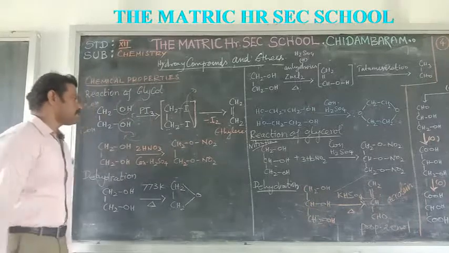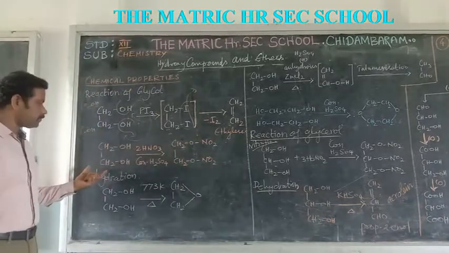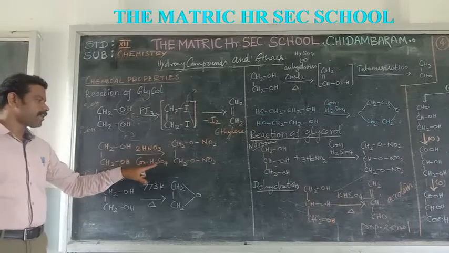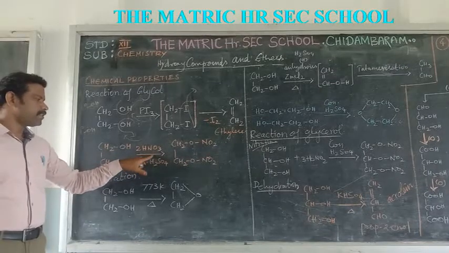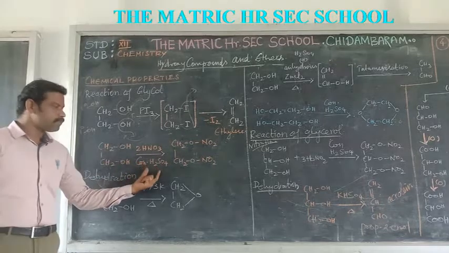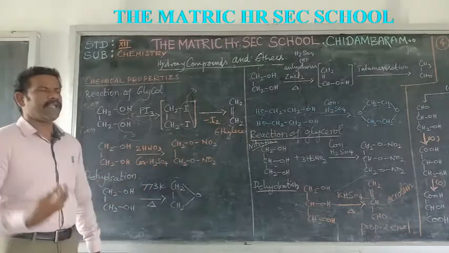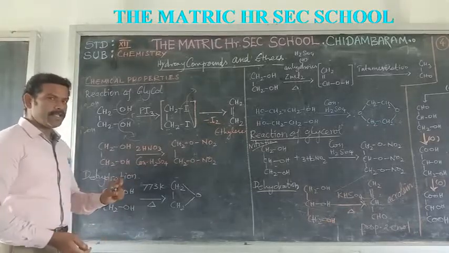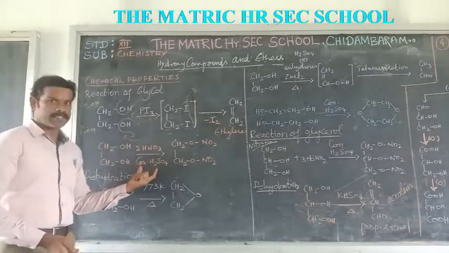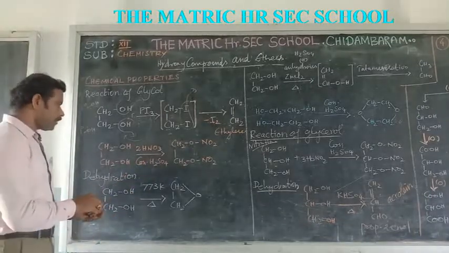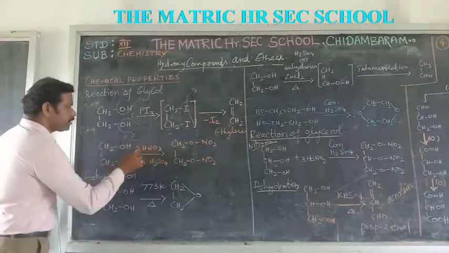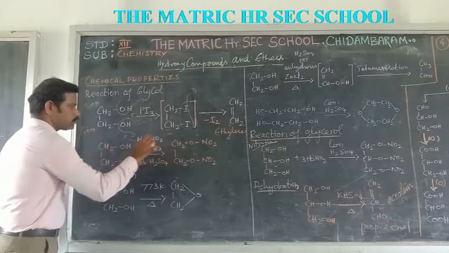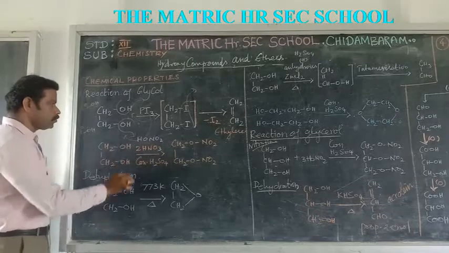Now take another reaction of ethylene glycol, the nitration reaction, with nitric acid and concentrated sulfuric acid as the catalyst. For a nitration reaction, definitely the catalyst is concentrated sulfuric acid. I will write nitric acid as HONO2, that is HNO3.